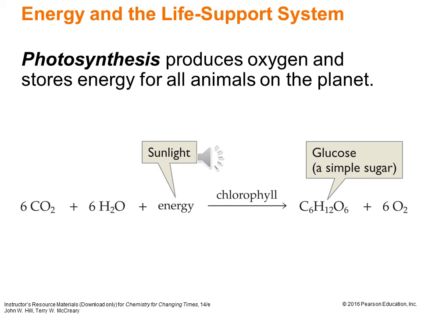6 moles of carbon dioxide react with 6 moles of water, as well as the energy captured from the sun by chlorophyll molecules and various other xanthophylls and whatever we get to see when we have that beautiful color show in the fall, to form glucose, a simple sugar, C6H12O6, as well as 6 moles of oxygen gas.